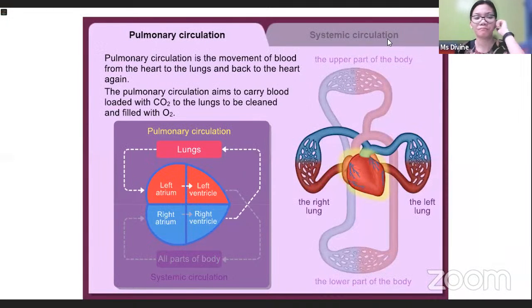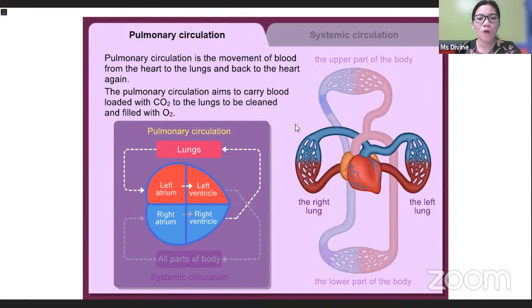All right. So this is your pulmonary circulation. It's the movement of the blood between the heart and lungs. Pulmonary circulation aims to carry blood loaded with CO2, carbon dioxide, and O2 is the oxygen.